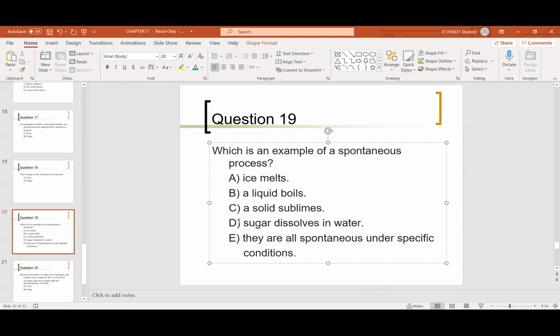You add some amount of energy for ice to melt. So the enthalpy is a problem. The enthalpy values, those aren't negative. No, those are positive enthalpy values.